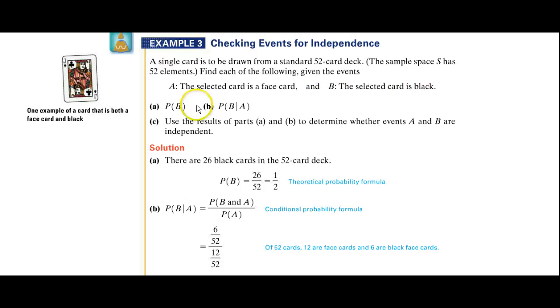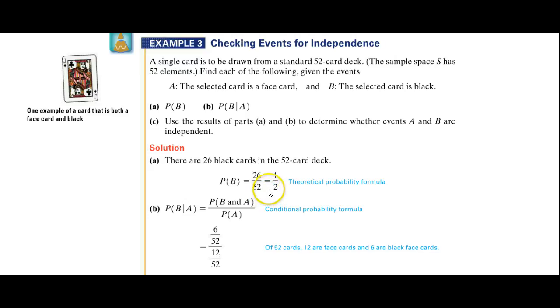Well, we'll define our black area first. And here we see there are 26 black cards in a 52 card deck. So if we set up our ratio, 26 out of 52 equals 1/2.